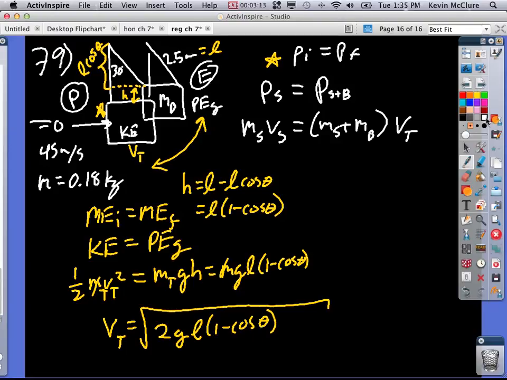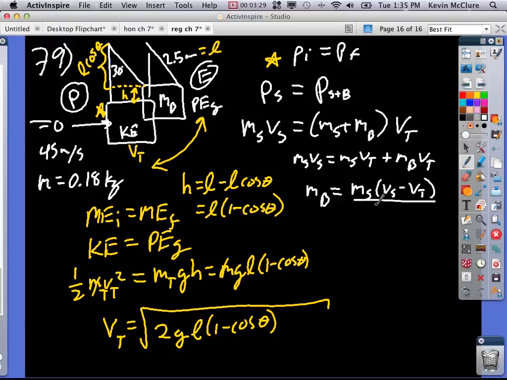If I go back to my white here, I'll say Ms Vs is equal to Ms Vt plus Mb Vt. So then now we say Mb is equal to Ms times Vs minus Vt, all over Vt.